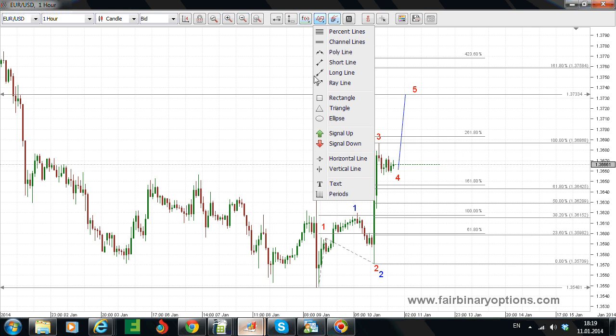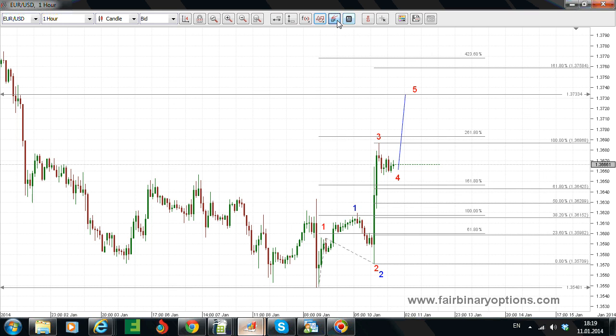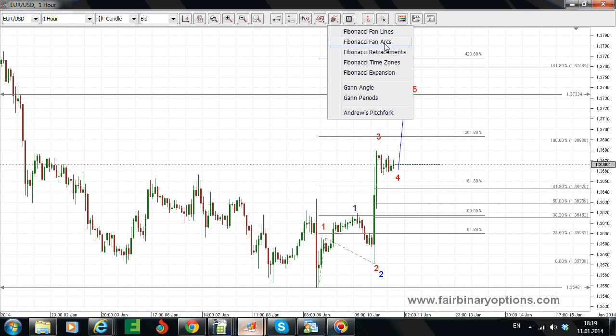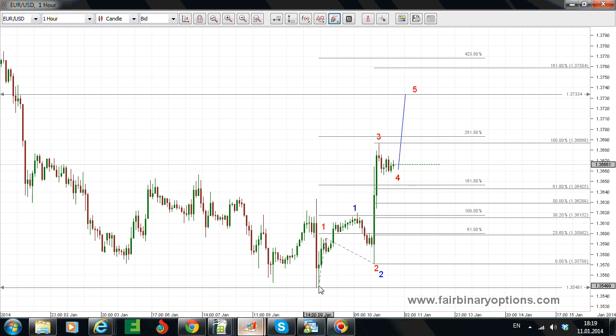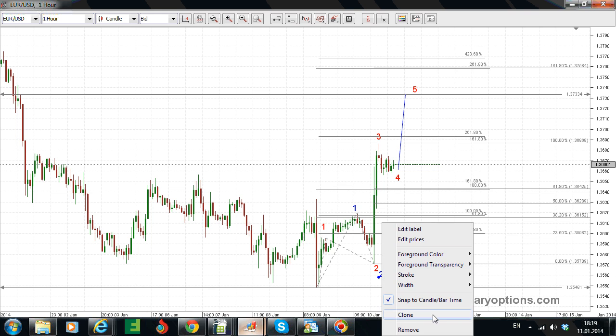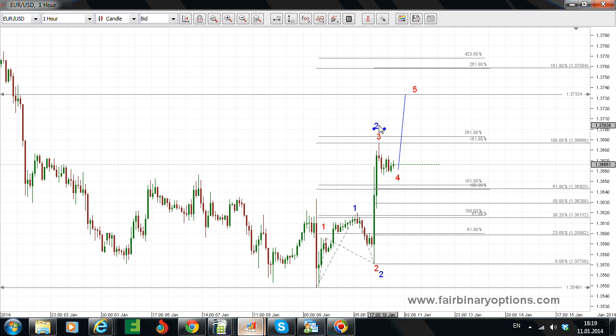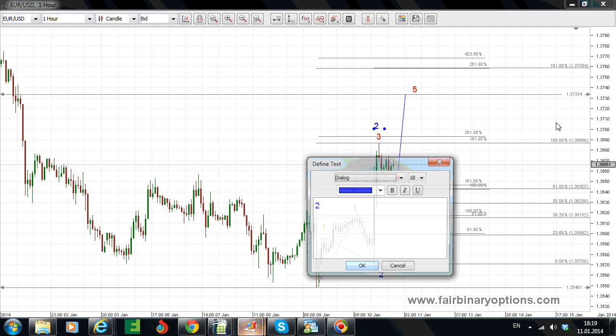And basically, if you take a Fibonacci expansion at this moment, and we go from the lows of the first wave till the end of the first wave and till the second wave there, you see that 161.8 comes exactly here. Now this is exactly the same outcome, so it doesn't really matter if the first wave is done here or here. We still have an impulsive move, and we still have an extended third wave.